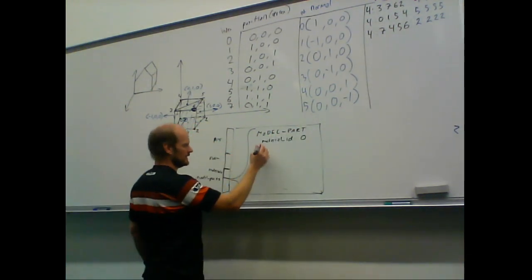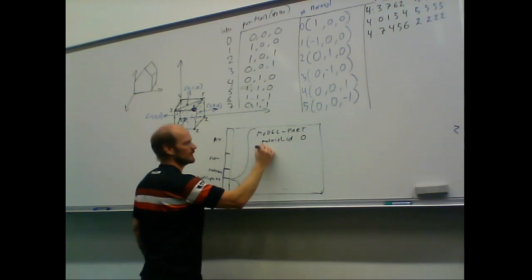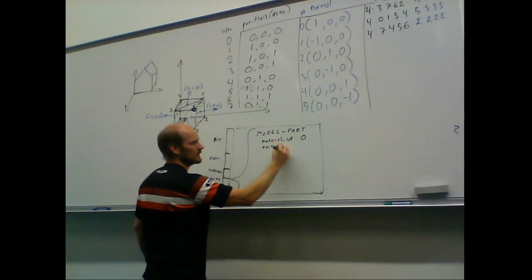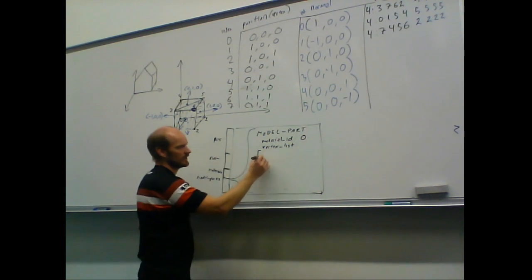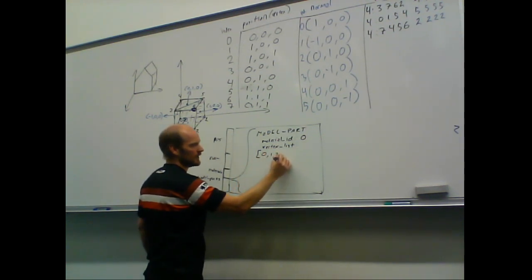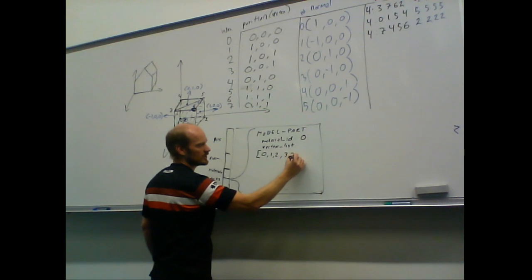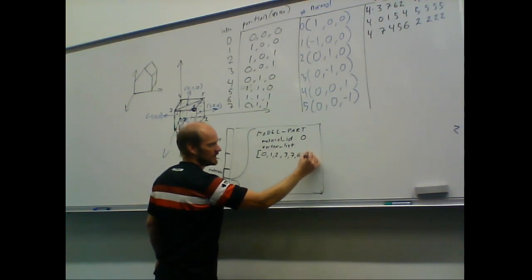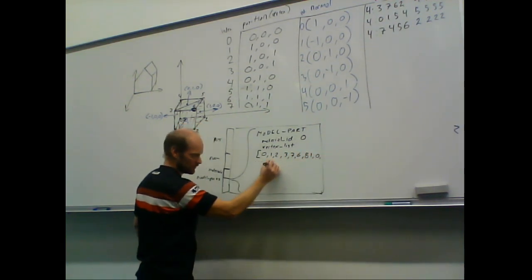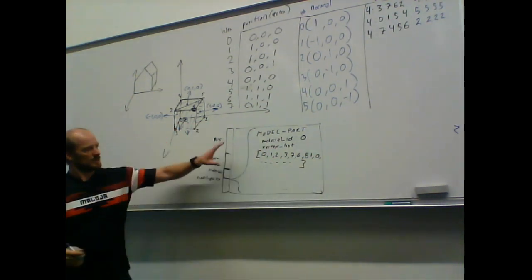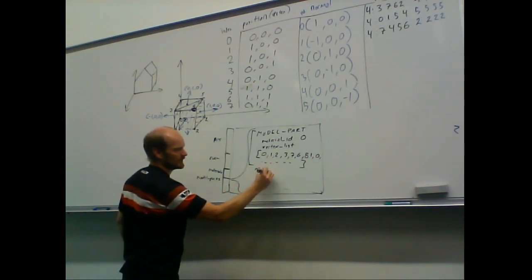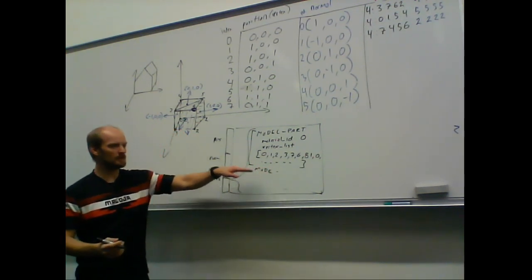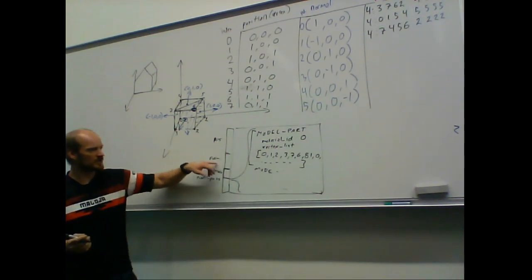Then we'd have a vertex list, which would just be a list of IDs. I have a polygon that's 0, 1, 2, a polygon that's 3, 7, 6, a polygon that's 8, 1, 0, and so on and so forth. So each model part would be this, and then I just have another model part. That might have a different material, but it's still indexing into the same list of positions and normals.